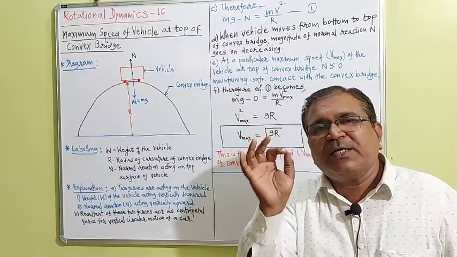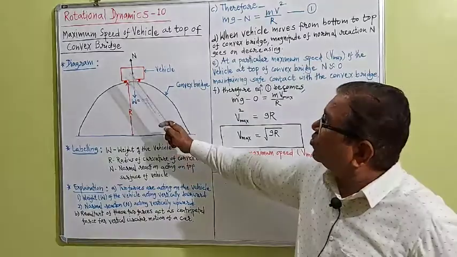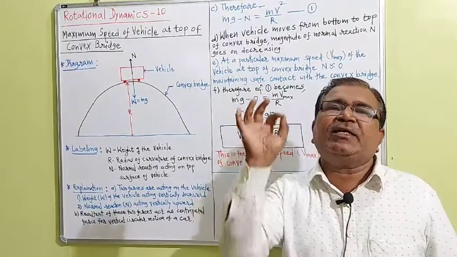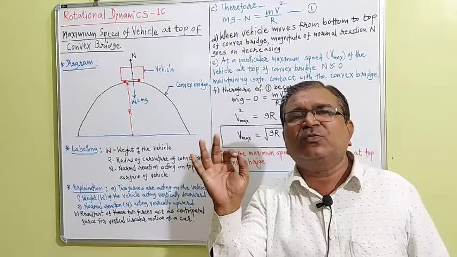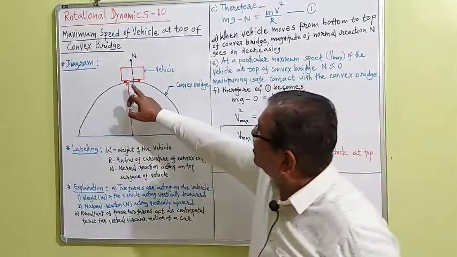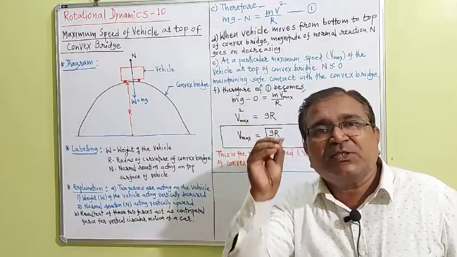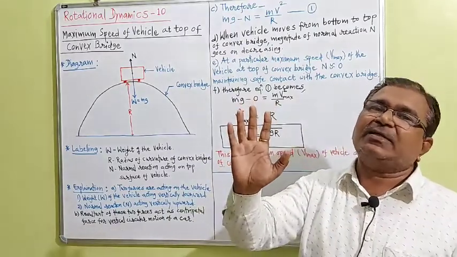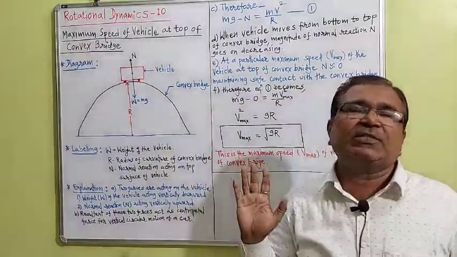and at a particular maximum speed of the vehicle, the normal reaction at the top is approximately equal to 0, not exactly equal to 0, approximately equal to 0, at a particular maximum speed of the vehicle at the top of the convex bridge, so as to maintain satisfactory contact between the wheel and the surface of the convex bridge.